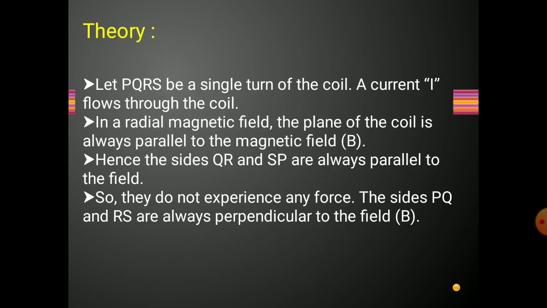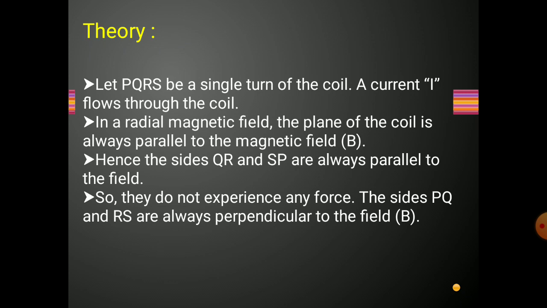So let us move on to the theory of the moving coil galvanometer. Let PQRS be a single turn of the coil and a current I flows through the coil. In a radial magnetic field, the plane of the coil is always parallel to the magnetic field, which is of strength B. As it is parallel to the plane of the coil, the sides QR and SP are always parallel to the field.